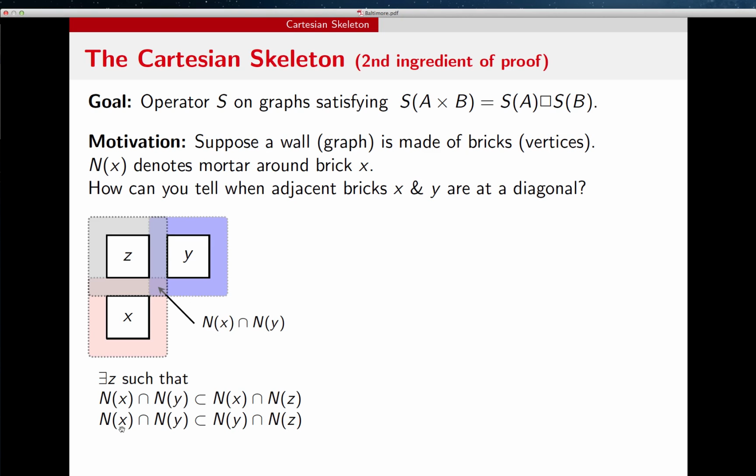And the neighborhood of x intersect the neighborhood of y is also properly contained in the neighborhood of y intersected with the neighborhood of z, that area. So given a brick z that has this property, that its intersections of its mortar with y and x properly contain the intersection of the mortar joining x and y, as in this picture, that would be an indication that x and y are at a diagonal.